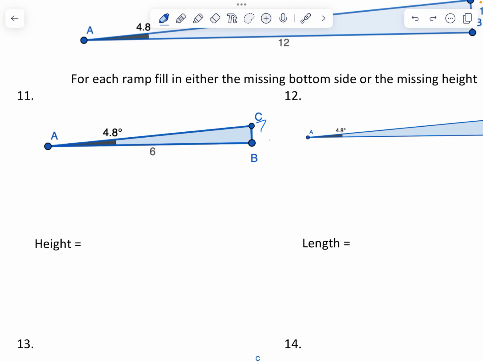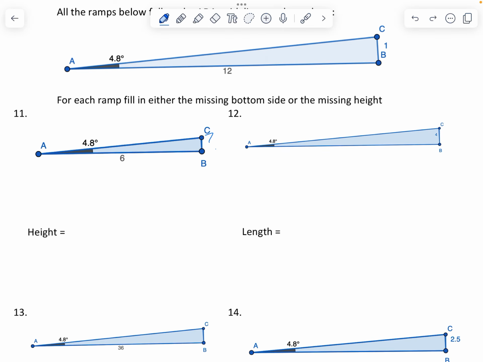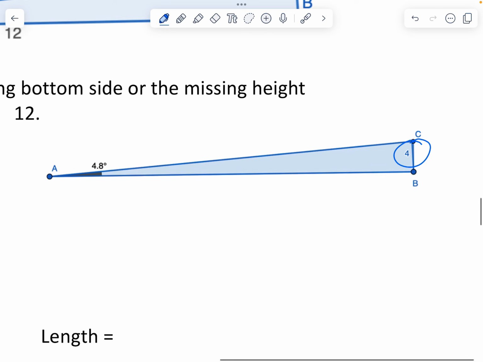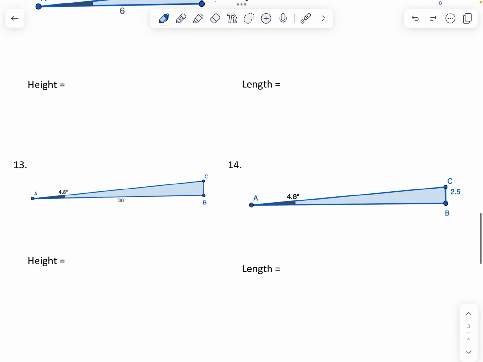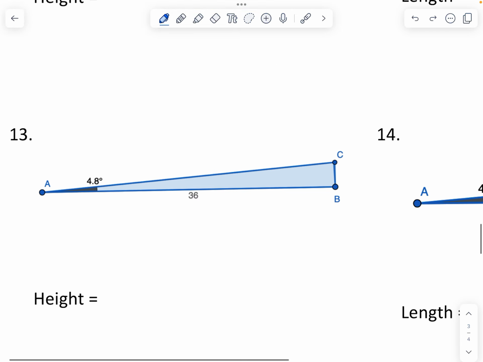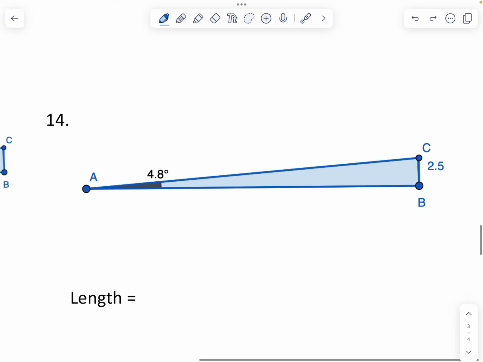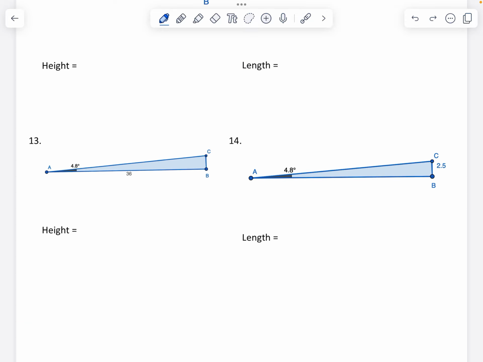If the length is 6, then how high is the ramp? Here we have a height of 4, so what is the length? Here we have a length of 36, so what is the height? And here we have a height of 2.5, so what is the length? All right, and you're just going to, again, use similar triangles to figure that out.